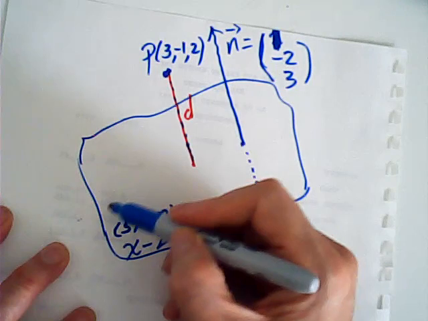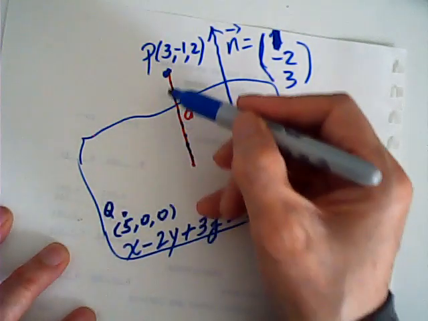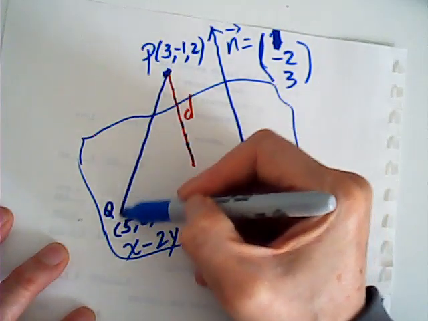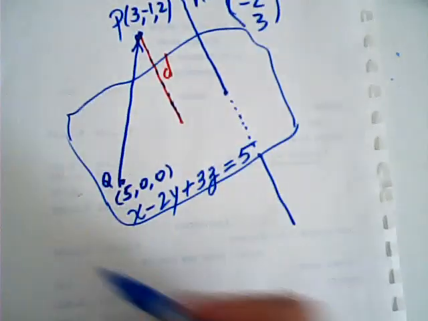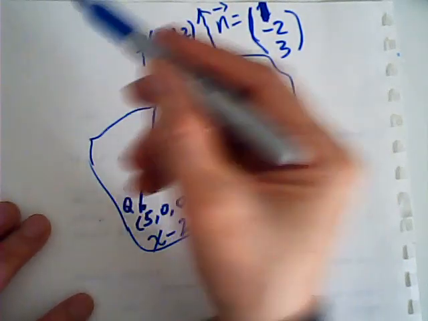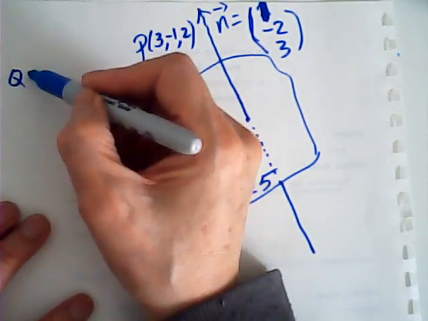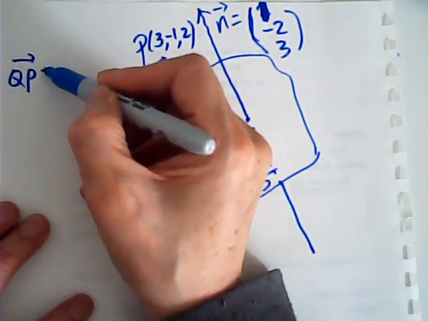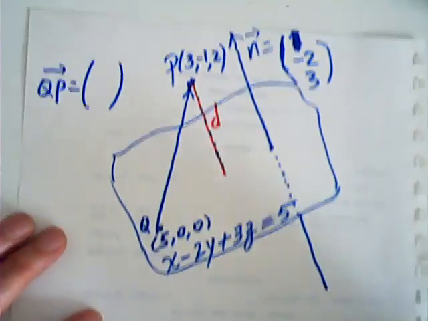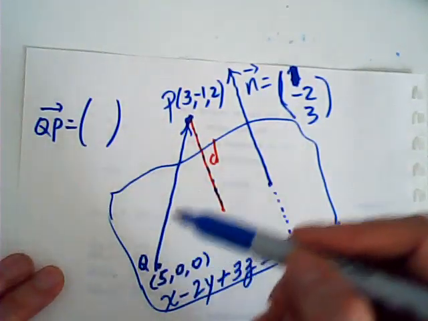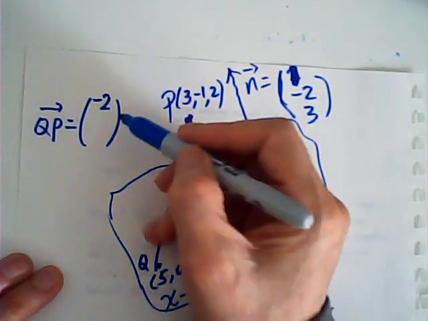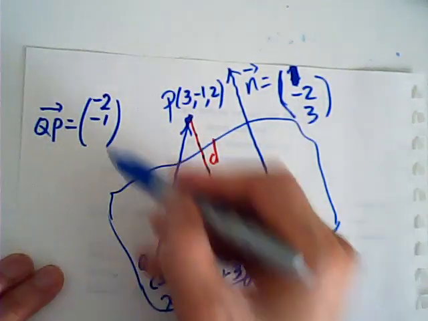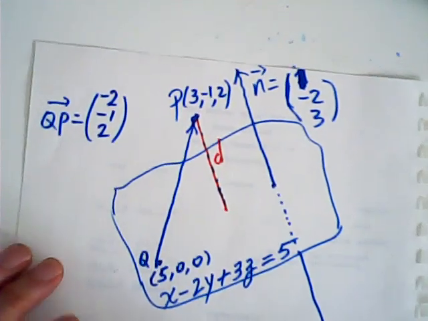I name this one Q, okay? So QP is a vector: 3 minus this one is -2, right? This minus this one is -1, and 2 minus this is 2. Okay, this is the vector, right?